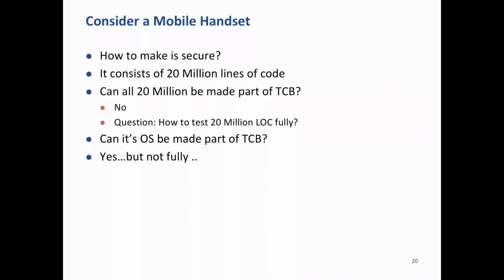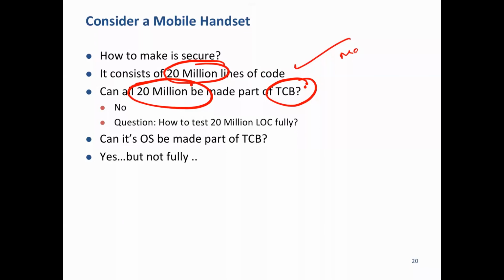Now when we say all this, how to have a TCB in general is a very complex thing, right? For example, in the case of a mobile handset, the OS is approximately 15 to 20 million lines of code. Can you make all 20 million part of the TCB? No, because for 20 million lines of code, who has developed it, when it was developed, whether it's totally secure or not, whether it has been tested fully or not, nobody knows.